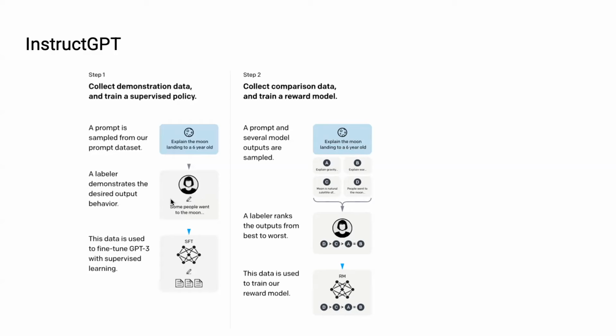So they change the labelers' task: the supervised fine-tuned model generates many different outputs, for example 4 different outputs for the same prompt, and the labelers rank which output is best according to human preference, following different criteria and objectives.